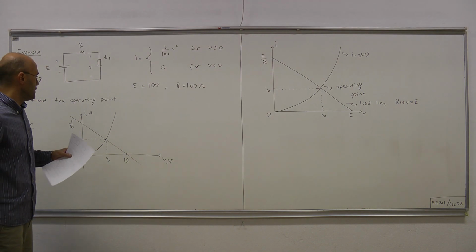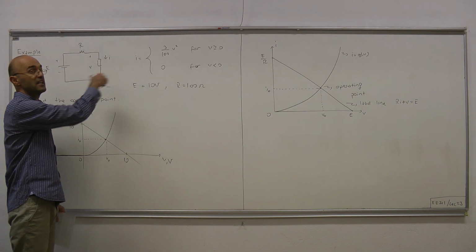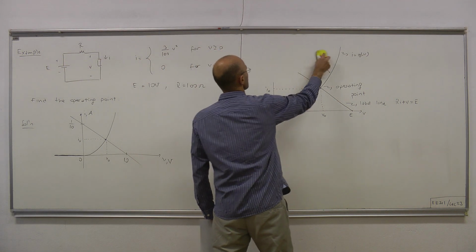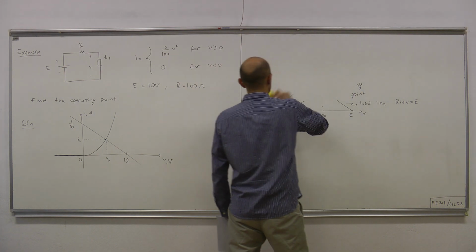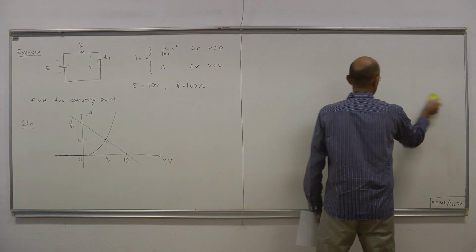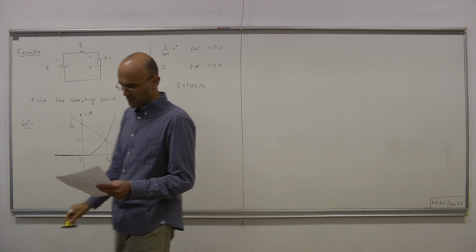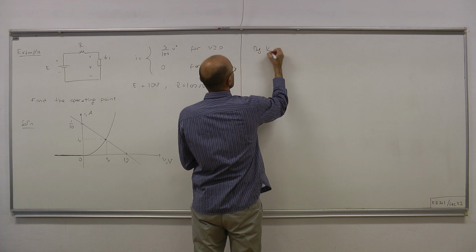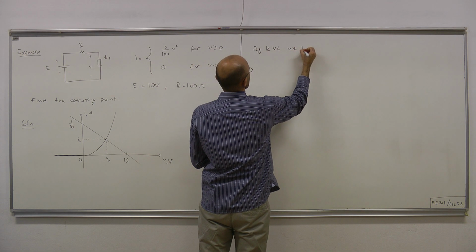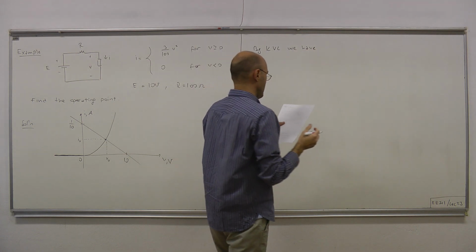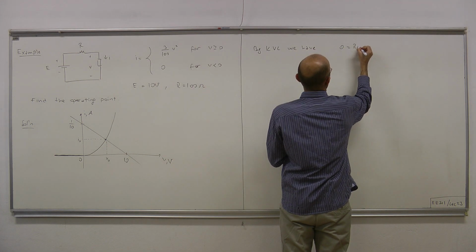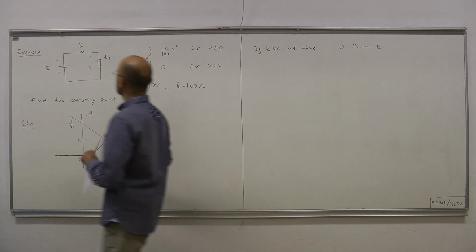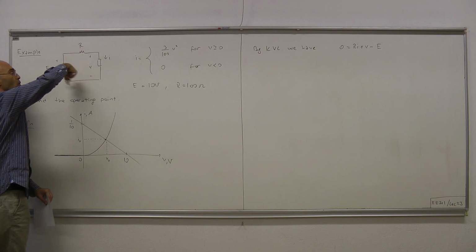So all we have to do is write down what we're given, and then solve the problem algebraically. By KVL, we have 0 equals Ri plus V minus E. We're summing all these three voltages.